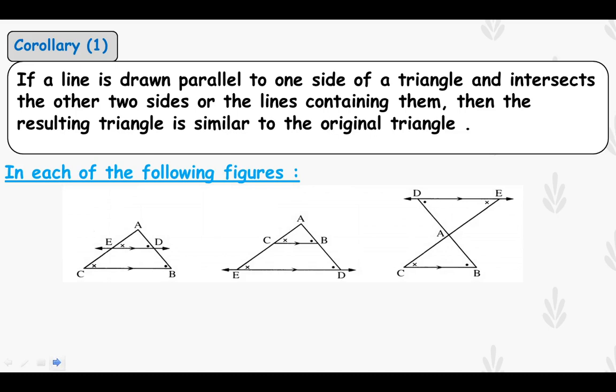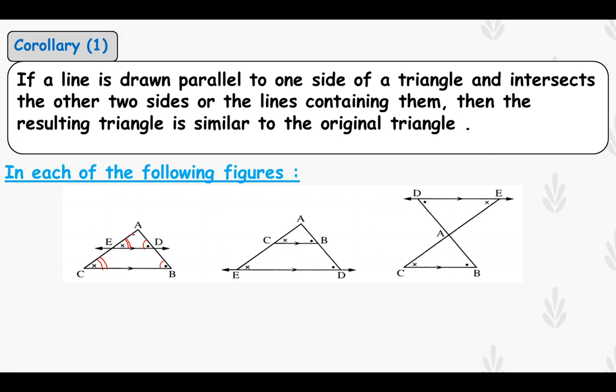Here in figure 1, you can see that the straight line ED is parallel to BC. Since ED is parallel to BC, we can find that measure of angle D will be equal to measure of angle B, corresponding angles, and measure of angle E will be equal to measure of angle C, corresponding angles.